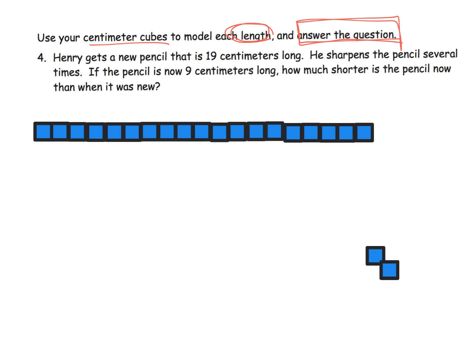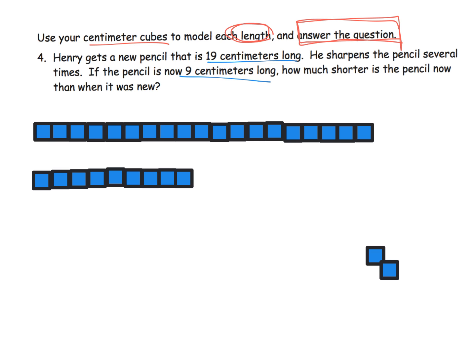And then it says he sharpens the pencil several times, and the pencil is now 9 centimeters long. So we started out with 19, now we're going to go down to 9 centimeters. So now we're going to model the new length of that pencil. So there's my model for the 9 centimeters long pencil now.